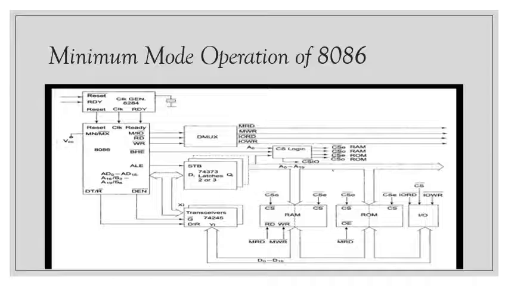Transceivers are bidirectional buffers used to separate the valid data from the time multiplexed address/data signals. They are controlled by DEN and DT/R. The DT/R signal indicates the direction of data, that is from or to the microprocessor. The system contains memory for the monitor and user program storage.